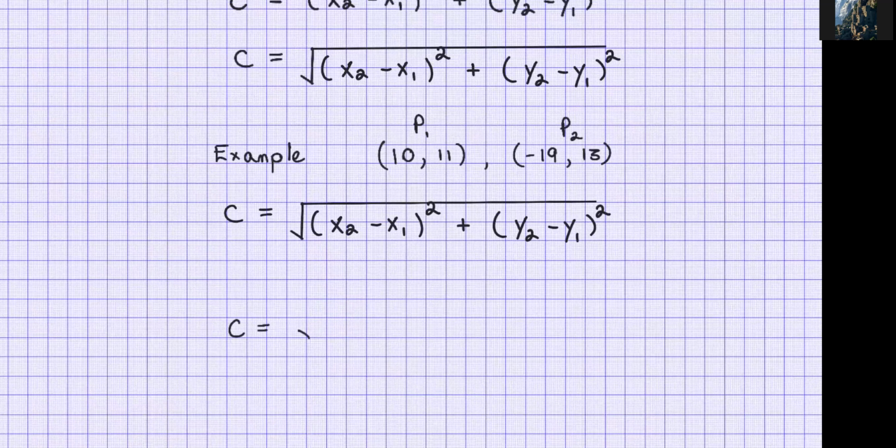I have C will equal the square root of, now x2 and x1: negative 19 minus 10, and this will be squared, plus, now I'm going to do the same but with y's, y2 and y1: 13 minus 11.